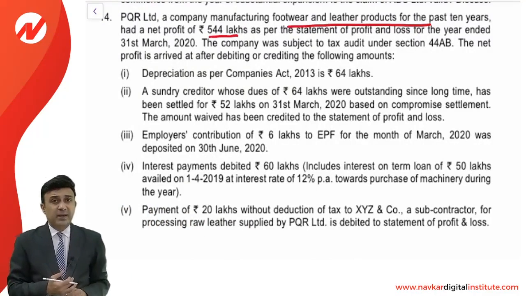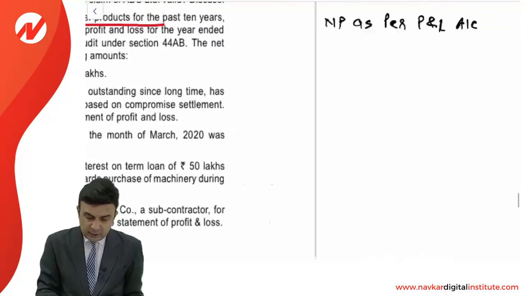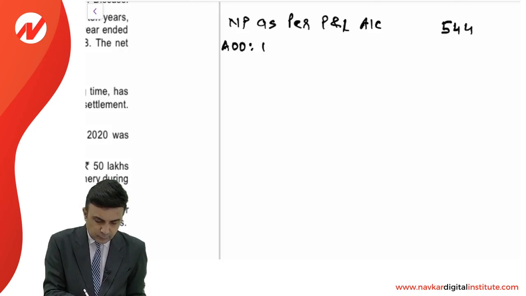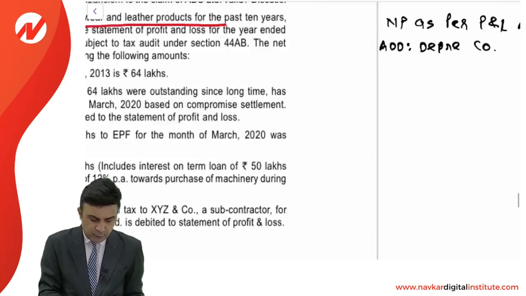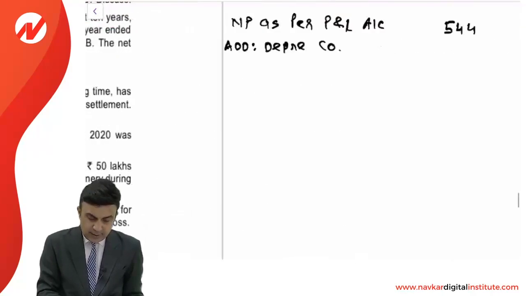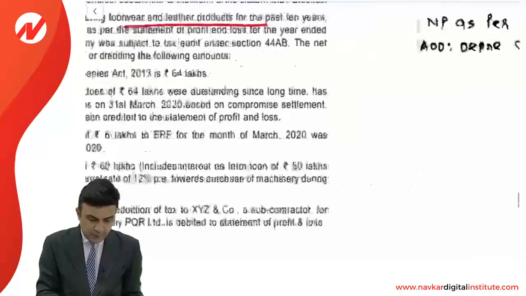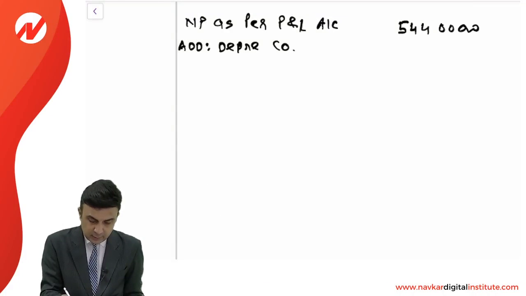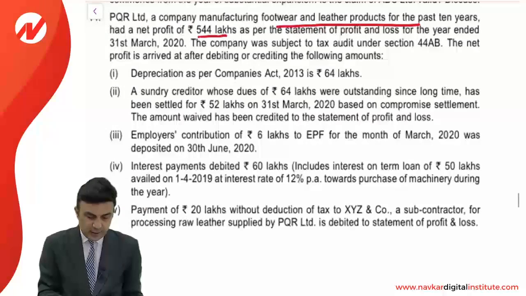Depreciation as per Companies Act is 64 lakh. So can we say depreciation as per Companies Act debited to profit and loss account, 64 lakh, needs to be added back. Friends, if I add back my depreciation, can I say it would be 64 lakh?